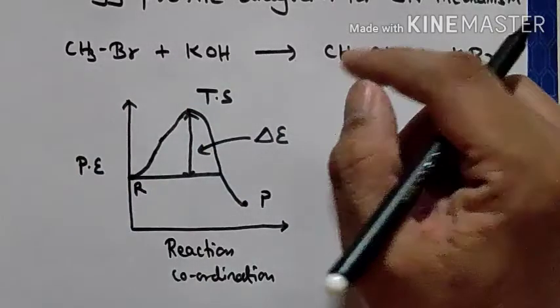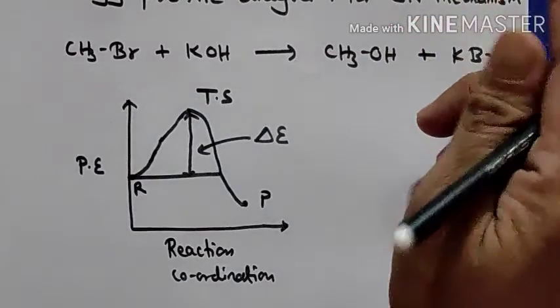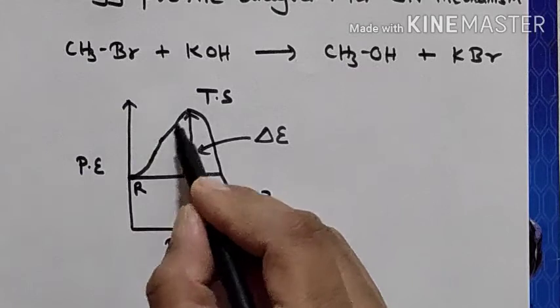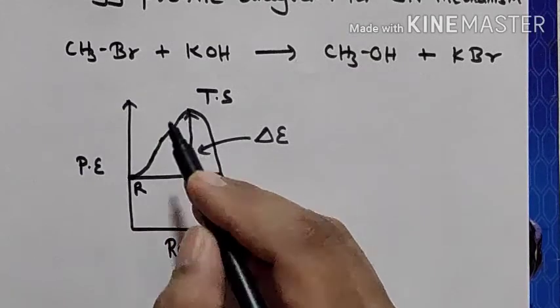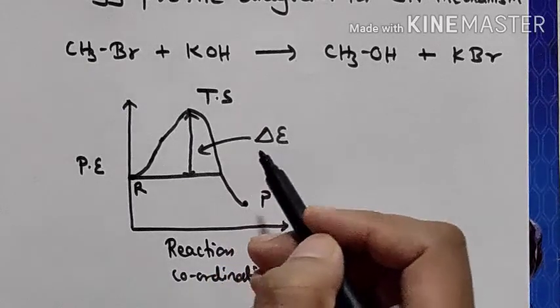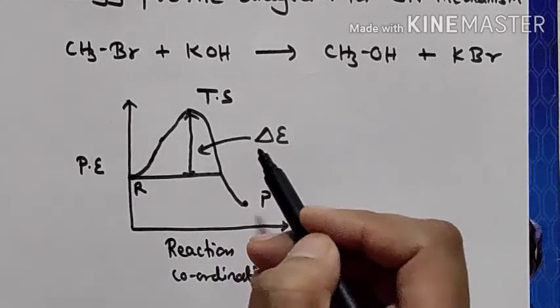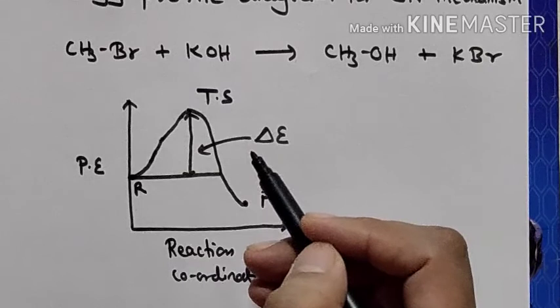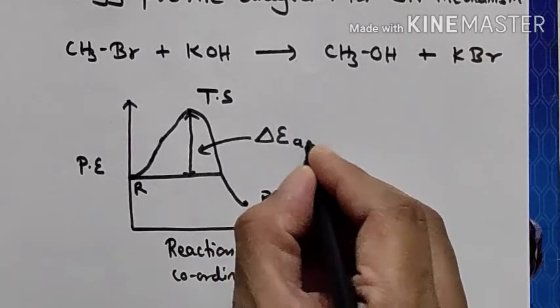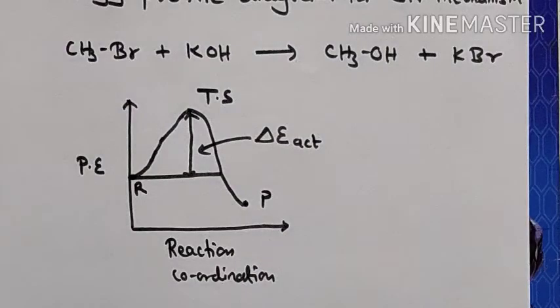This is the minimum amount of energy which is required so that the reactant gets converted into the product. It means until and unless the energy reaches here, the reactant will never turn into the product. I can write here in short Eact, that is, energy of activation.